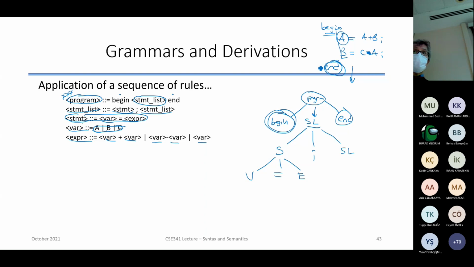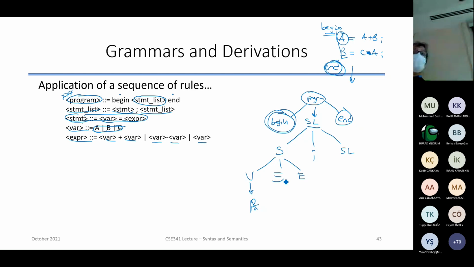And after the begin, if this wants to go to a leaf, this leaf has to be A. It cannot be anything other than A. Otherwise, my grammar is going to reject this. Since V cannot go to B and C, it can go to only A. I'm done here with this one as well. And I'm done with this guy.